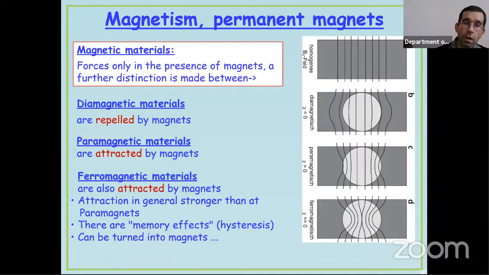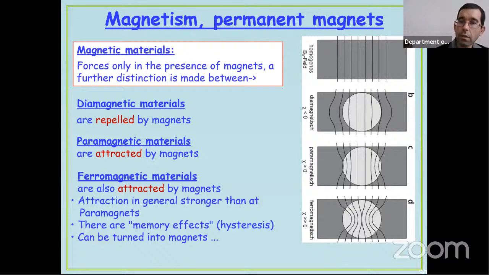Magnetic materials interact with the magnetic field, and according to this interaction, we can differentiate diamagnetic materials, paramagnetic materials, and ferromagnetic materials. Diamagnetic materials are repelled by magnets.